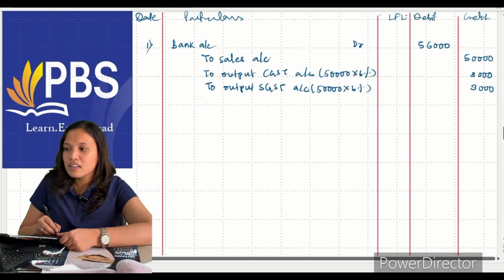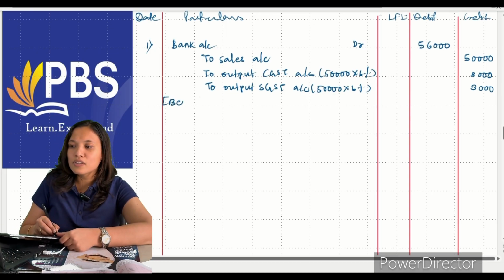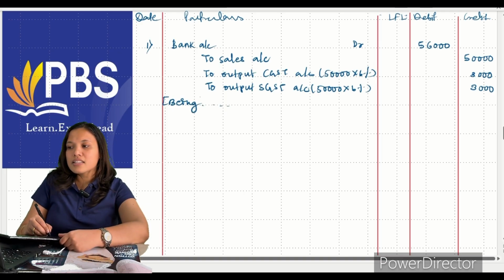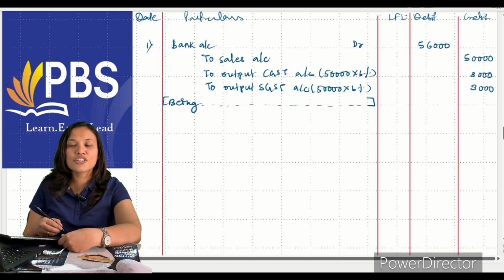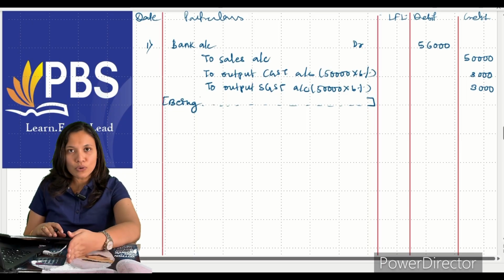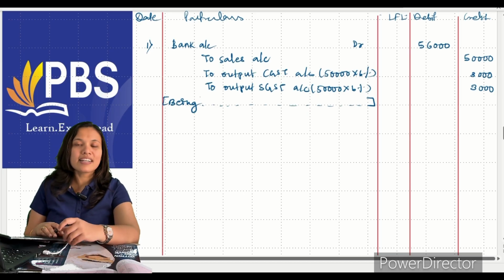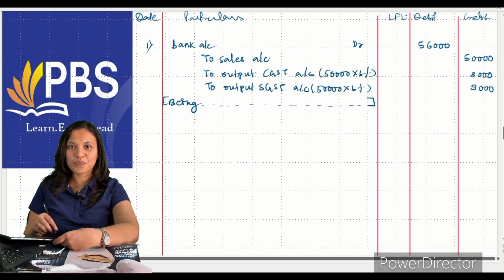Now write down the narration, don't leave it blank: Being goods sold, CGST, SGST charged at 6% each.